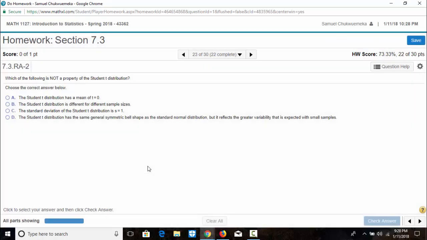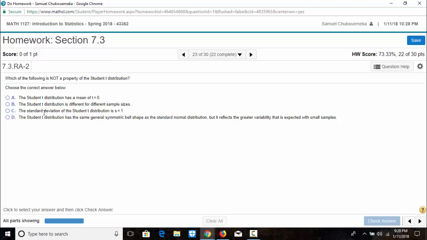23. Which of the following is not a property of the student T distribution? Student T distribution has a mean of T equal to 0. That's right. Student T distribution is different for different sample sizes. That is correct. The standard deviation of the student T distribution is S equal to 1.